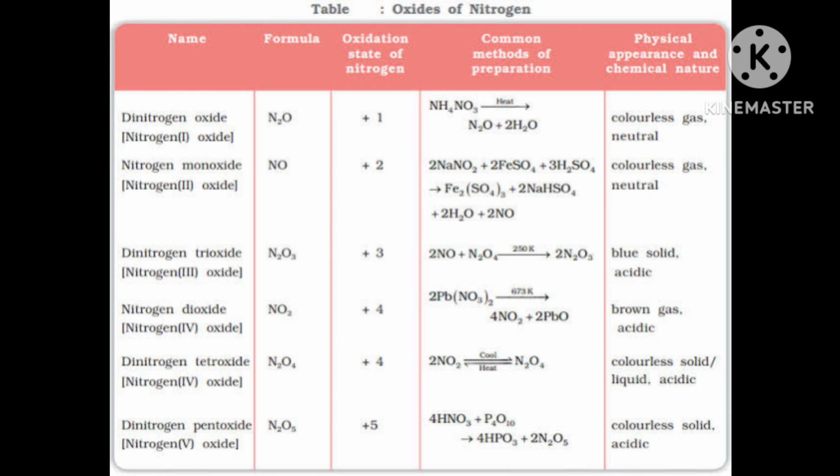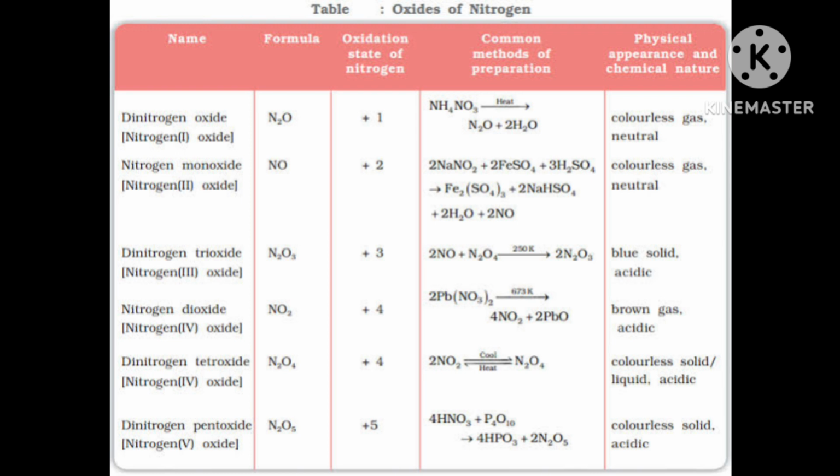How will you write N2O? I am telling you. NN triple bond, and with N 1 oxygen is joined. In the first structure, N and N double bond was there, N and O also double bond was there. But now NN became a triple bond, then obviously N and O will become a single bond.